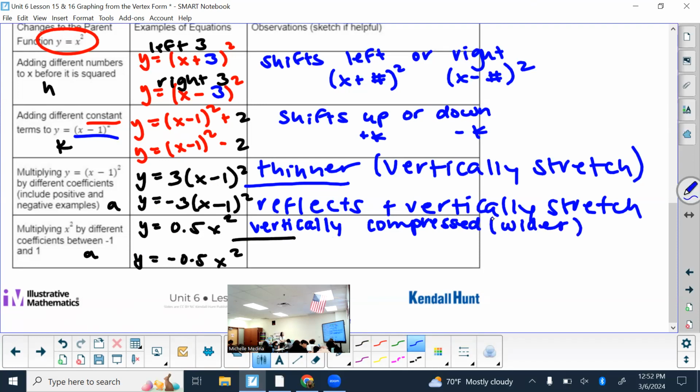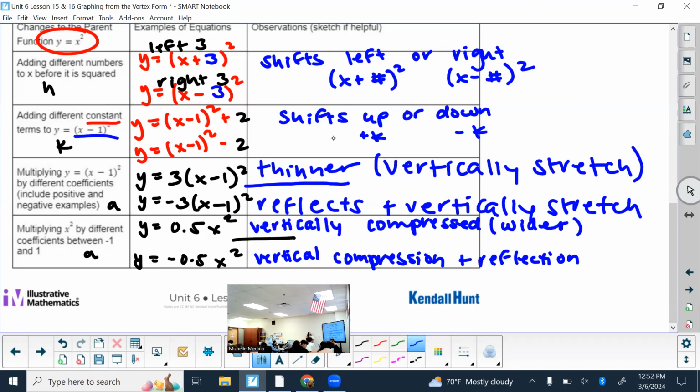And then if I times it by a negative 0.5x squared, will it still be vertically compressed? What else will happen? Since it's negative, it'll reflect. Good. So vertical compression and reflection because of the negative.